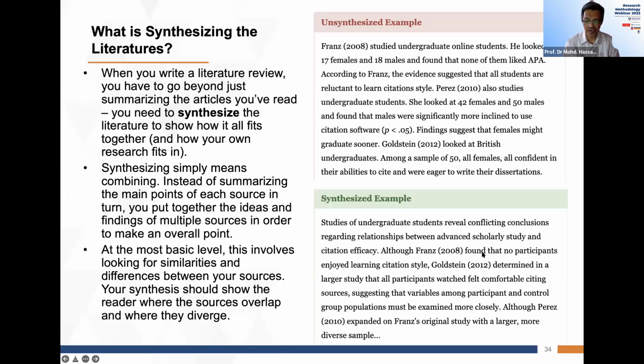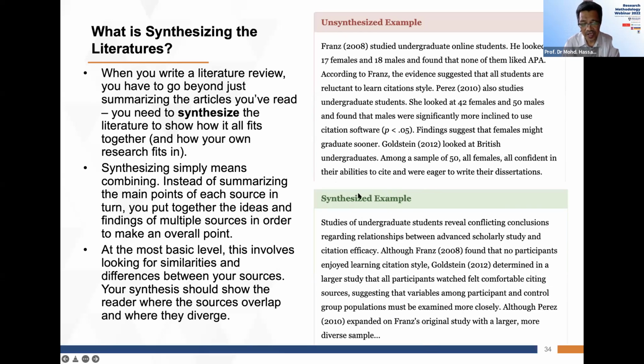Okay, so basically, by synthesizing your write-up, you can see that you tend to become more critical, and in a sense it shows that this is the level of thinking that we want at doctoral level. This we will accept at MBA level or perhaps at undergraduate level, but not at this level.